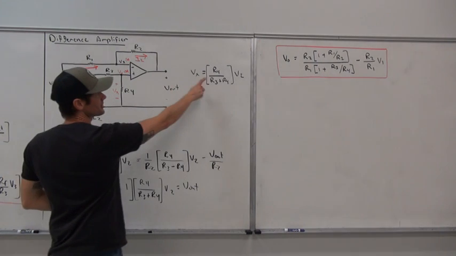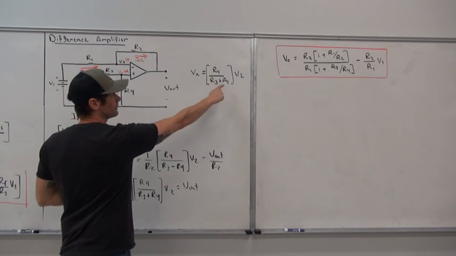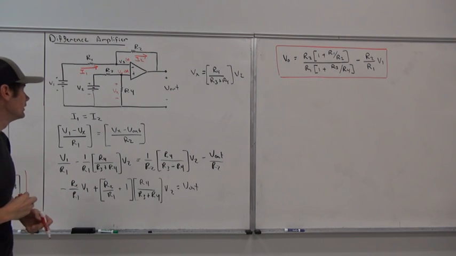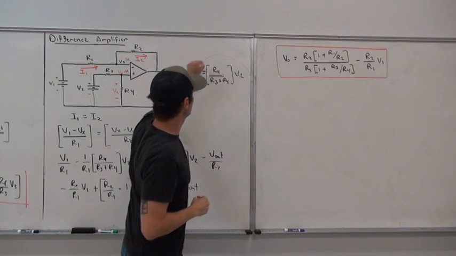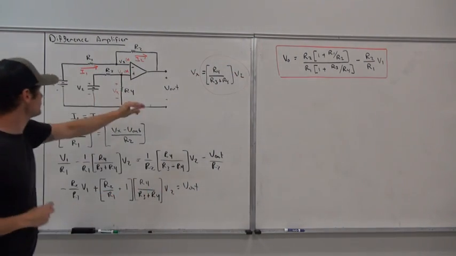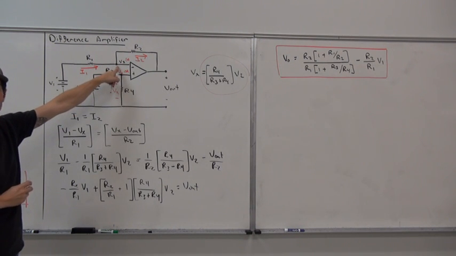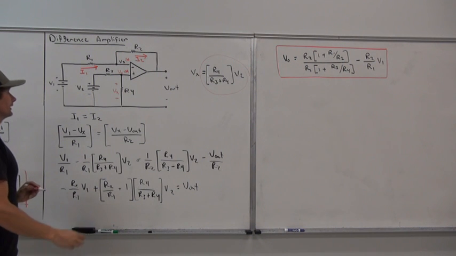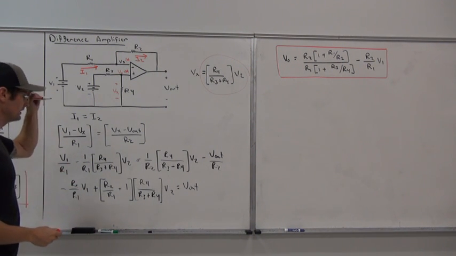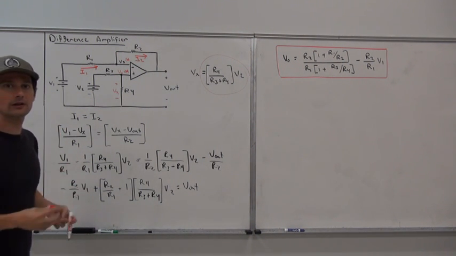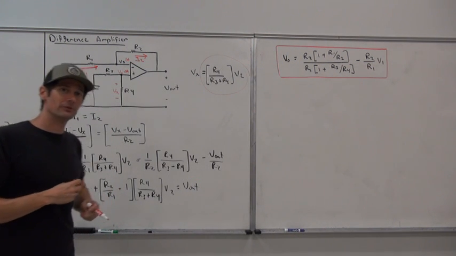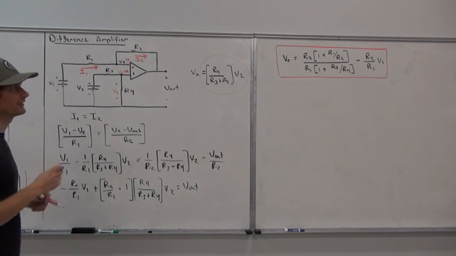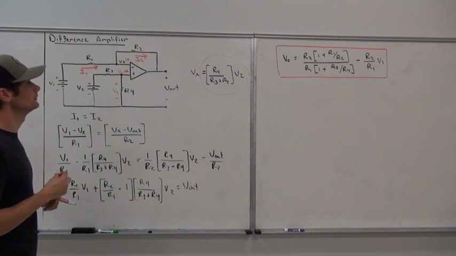And so Vx is just equal to R4 over (R3 plus R4) times V2. So this value right here that we would get actually exists up here at Vx. So now we can write out our KCL equation and expand that and put this into such a form that we have an entire equation based off the output voltage and related to both of the inputs and the difference between the two.